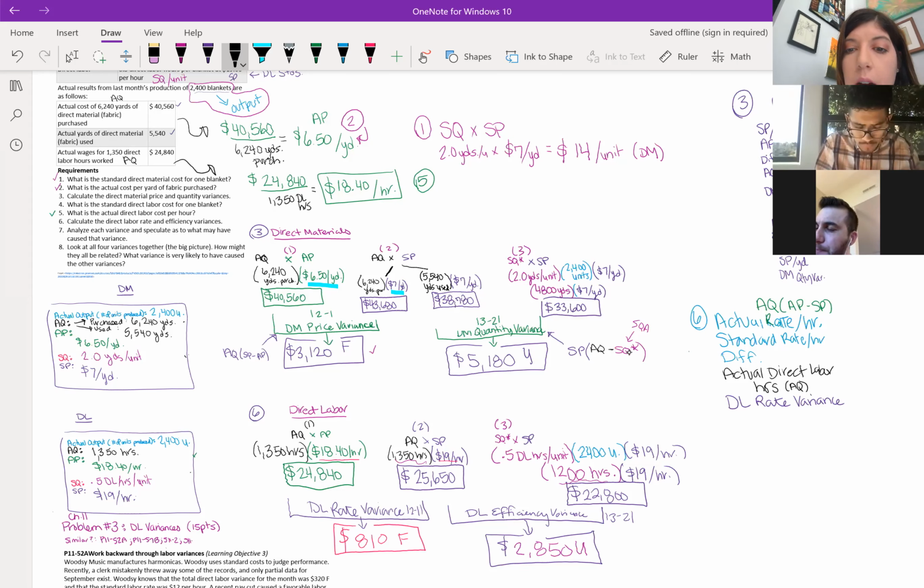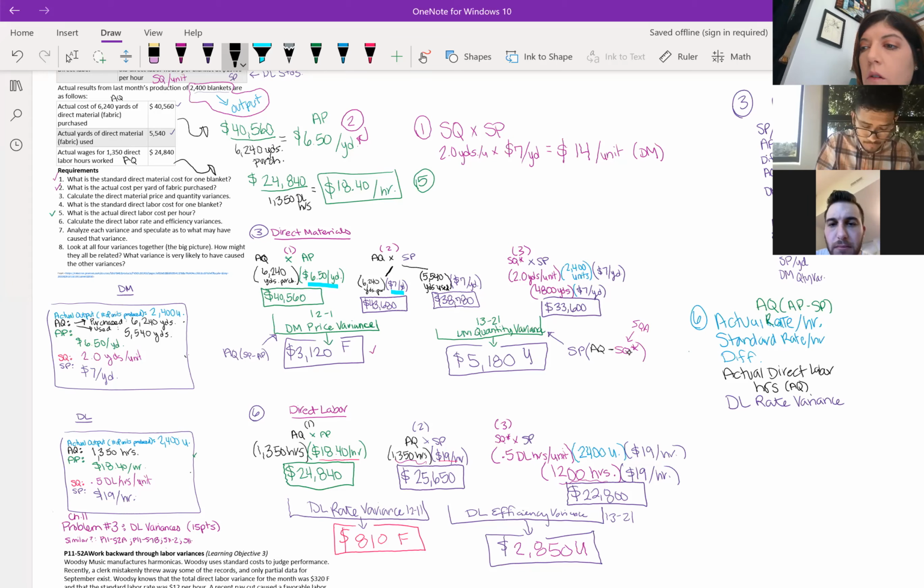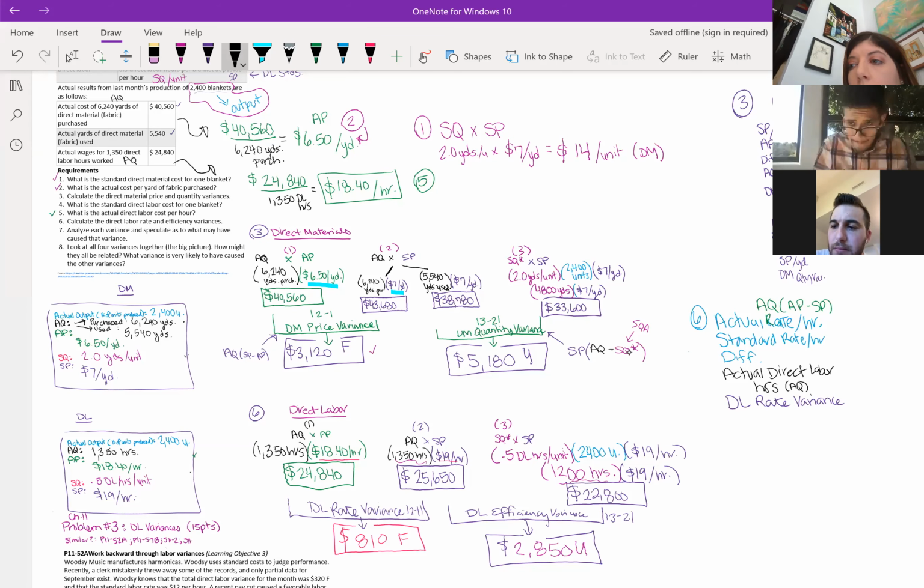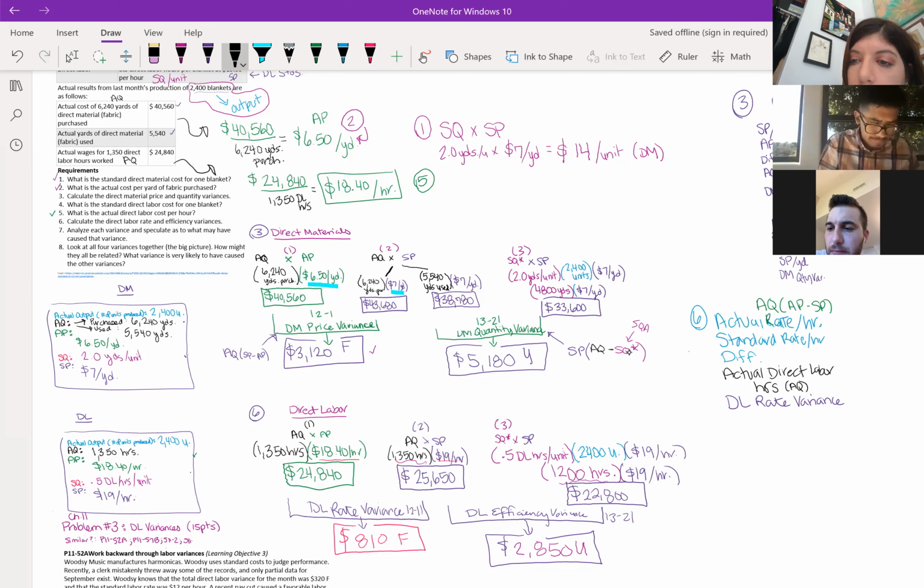Standard quantity allowed, which is the 4,800 yards. And the difference is 740 yards.